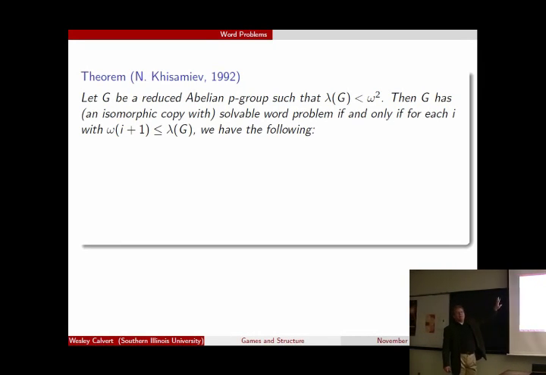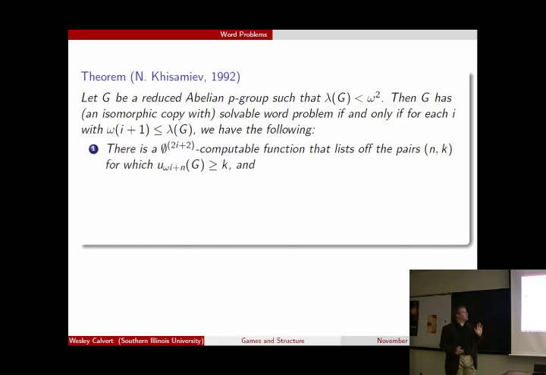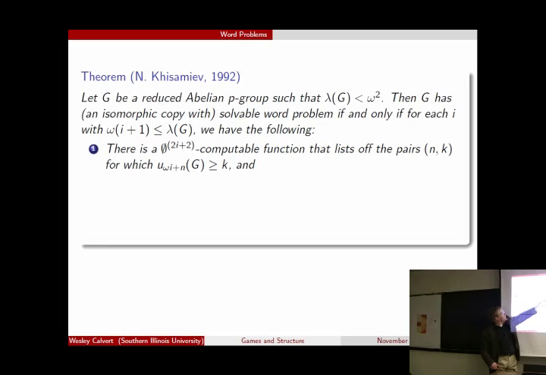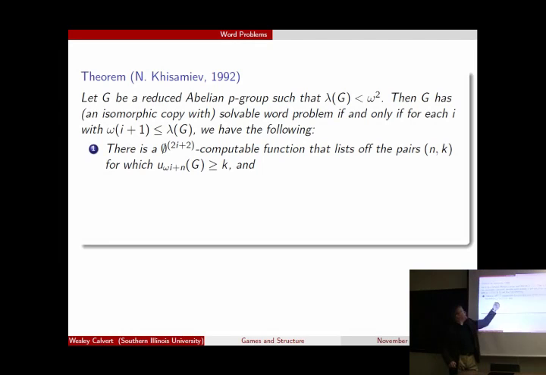Then it has solvable word problem if and only if we have a certain collection of gadgets. First gadget that we need to have is a thing, never mind that part for the moment, a thing that lists off the pairs (n, k) where the something plus nth Ulm invariant is at least k.